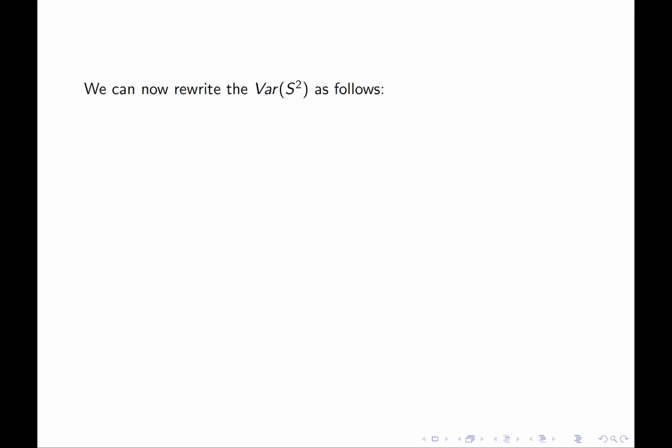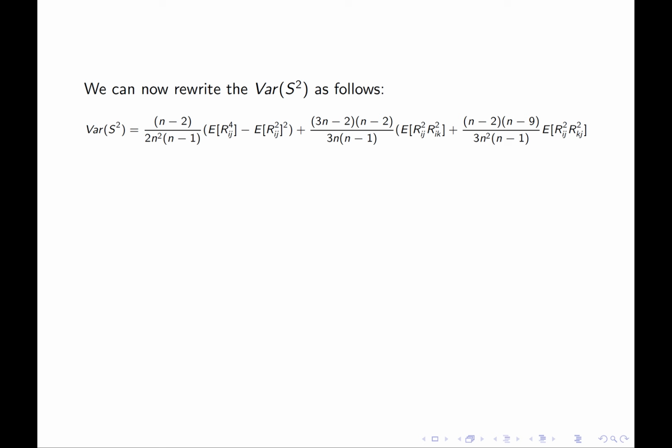Now we can rewrite the variance of s squared as follows. So we end up with this. And noting those two last factors, E[Rij squared Rik squared] and E[Rij squared Rkj squared], are actually the same, so you can actually pair them together.